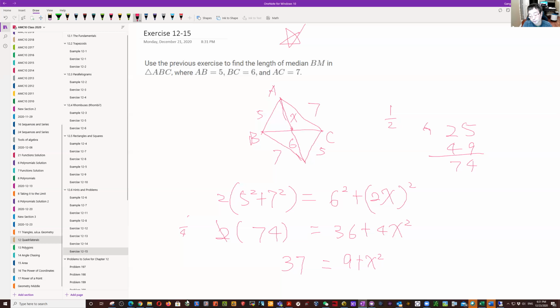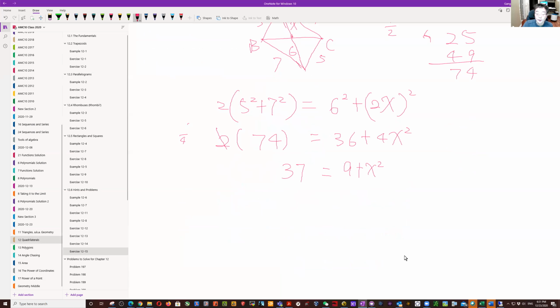So here I minus 9 on both sides. It's going to be 28 equals x squared. And this is 2 square root of 7 equals x.